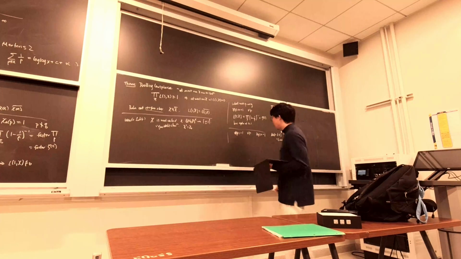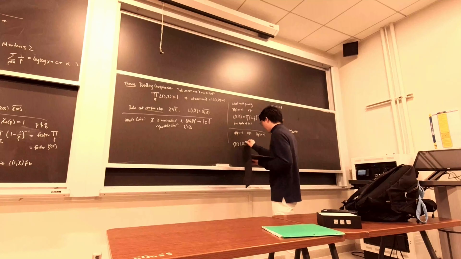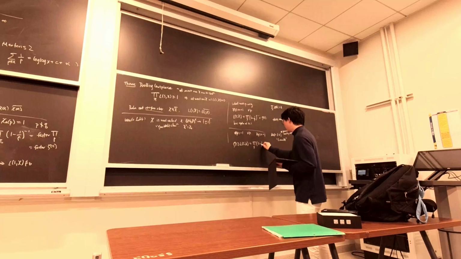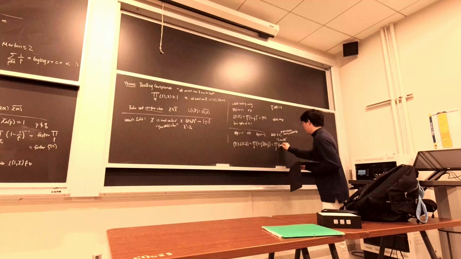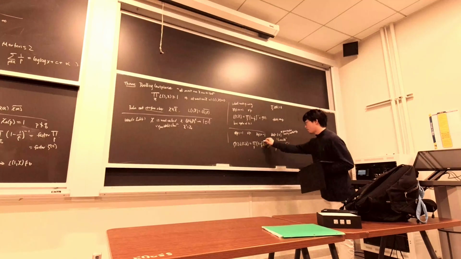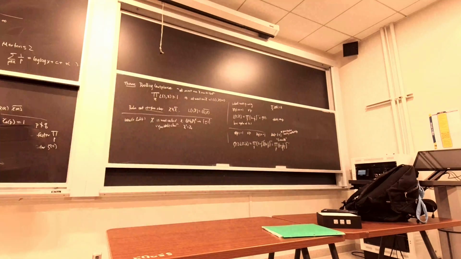And what about in this case? Let me give you the following computation. This is equal to the product of 1 minus 1 over p, times 1 plus 1 over p, which is 1 minus 1 over p squared. And again, playing the same game, we expand out the product.